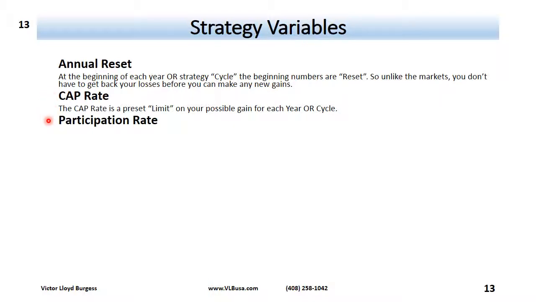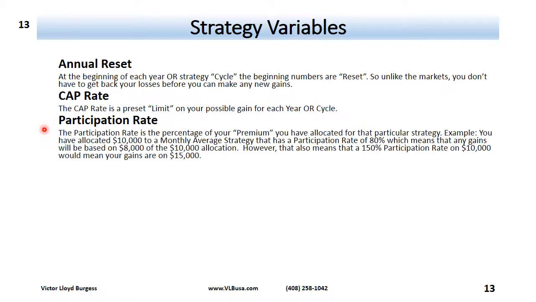Participation rate, we did not cover, but any of these strategies can have a participation rate on them. The participation rate is the percentage of your premium you have allocated for that particular strategy. Let's say, for example, you have allocated $10,000 to the monthly average strategy that has a participation rate of 80%, which means that any gains will be based on $8,000 of the $10,000 allocation.